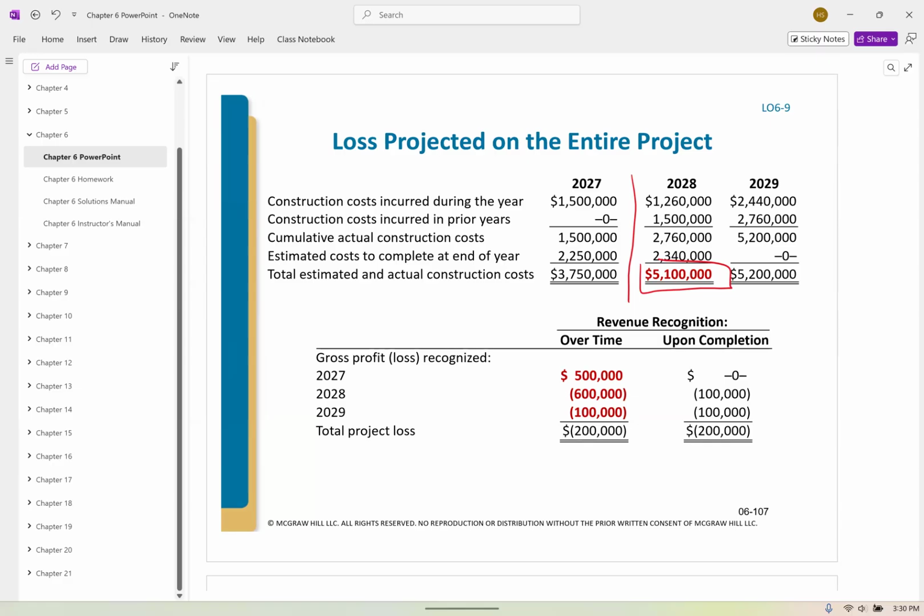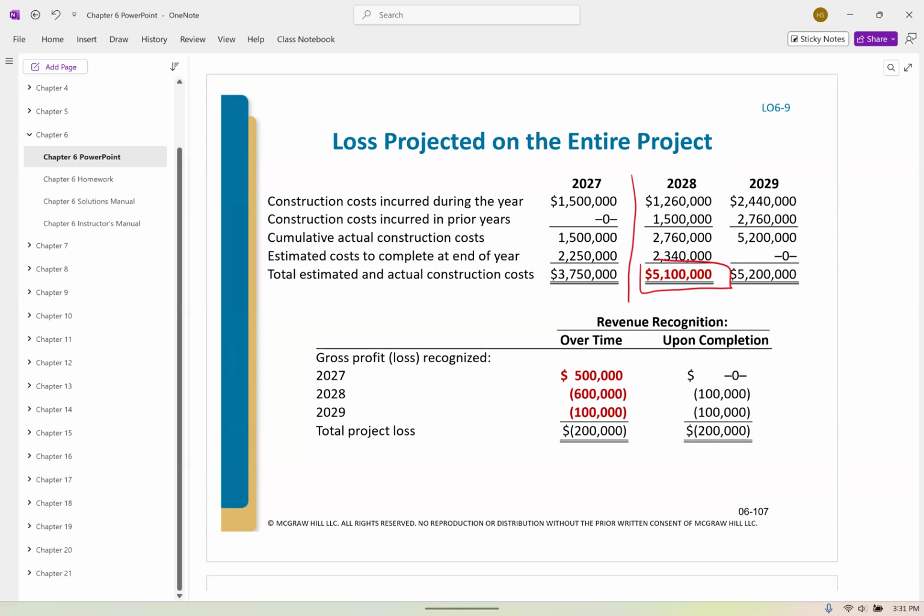Okay, and that other slide said when it becomes apparent that you are going to lose overall, you need to go ahead and record all of the loss right then. You don't wait until the end, okay?